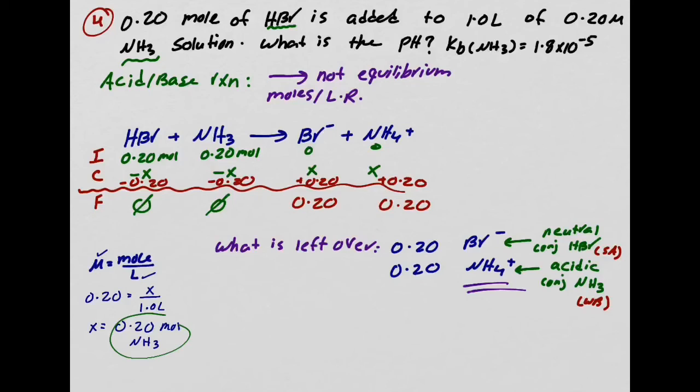Now what we have left is a conjugate acid. If a conjugate acid is left, then what am I going to do? I want to do a hydrolysis, right? When we have a conjugate, we're going to do hydrolysis. Okay, let's do it. What I have left over is ammonium, a conjugate acid.